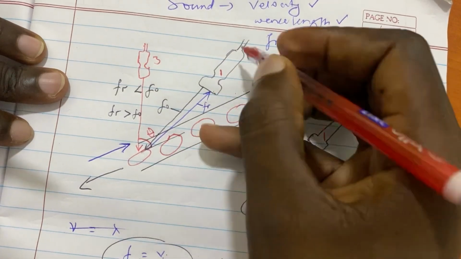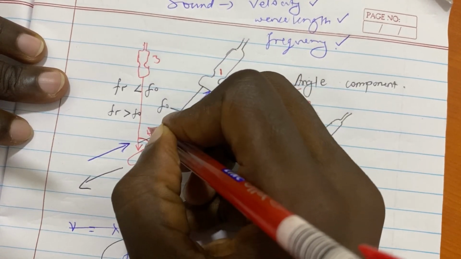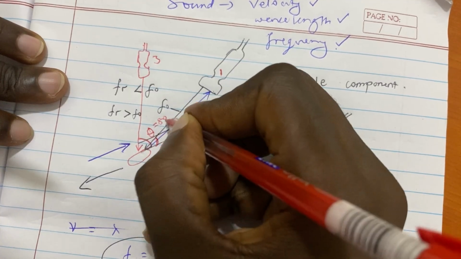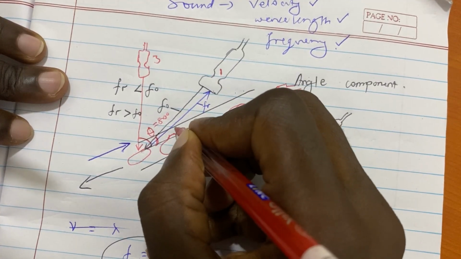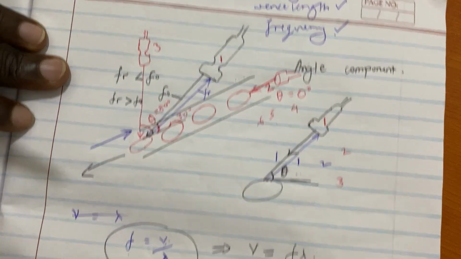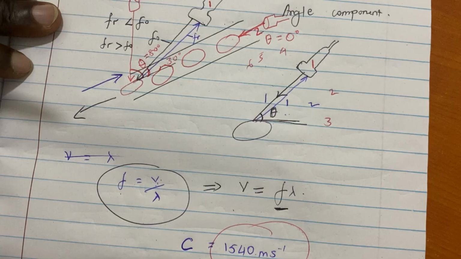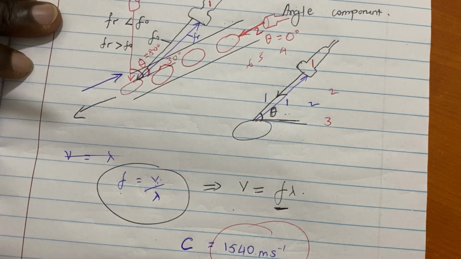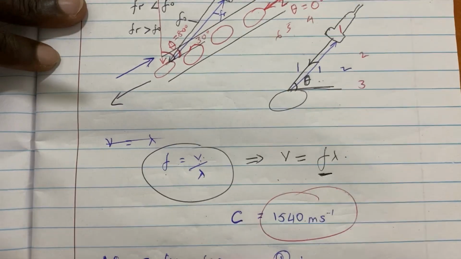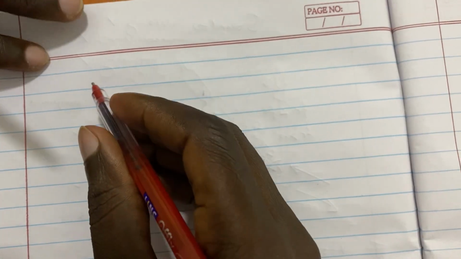If you put it here, this theta here, maybe here it is 80 degrees, here it may be around 30 degrees. So from different positions you put a probe, you decide to stand and listen from, theta is going to change. Theta will change depending on the positioning. Again, I'm repeating because this is very important.